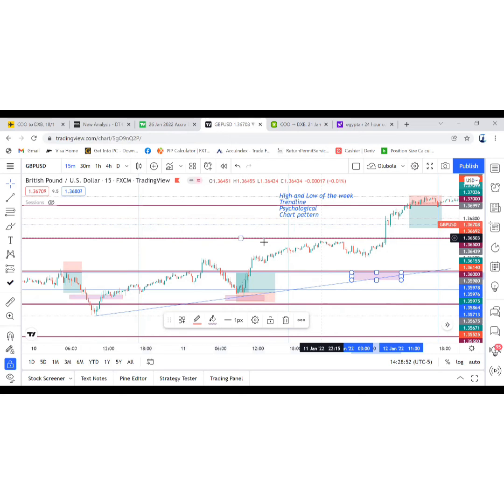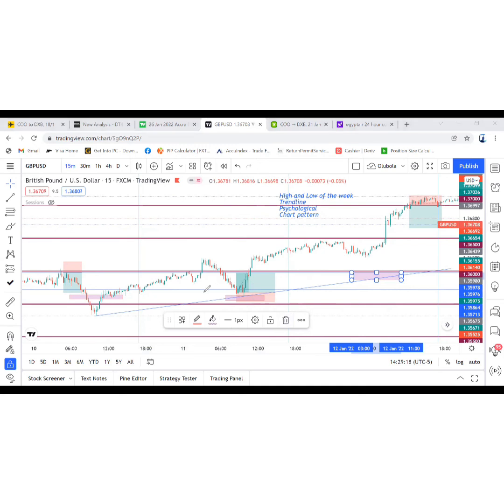Now, I took the trade on point B. But despite the fact that I took the trade on point B, out of my 4 confluences, 3 were there. Even if the trend line was not there, 3 were almost there. I will tell you the 3 that were there.